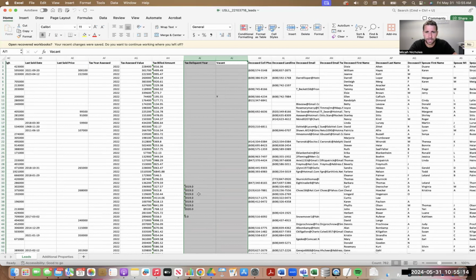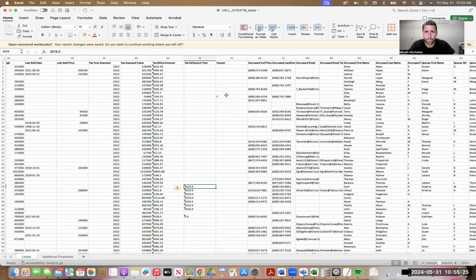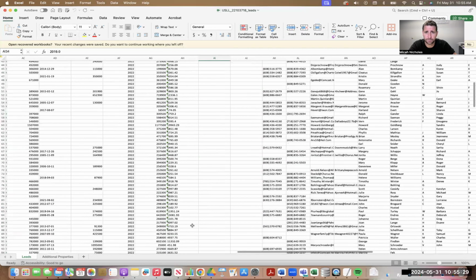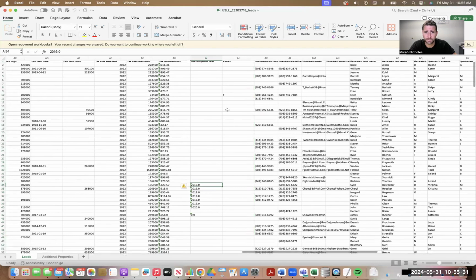Tax delinquency and death obviously have relevance as far as motivation. It'll show the year that they were tax delinquent, so use that to your advantage. If people are tax delinquent and someone passed away, there's obviously more motivation.